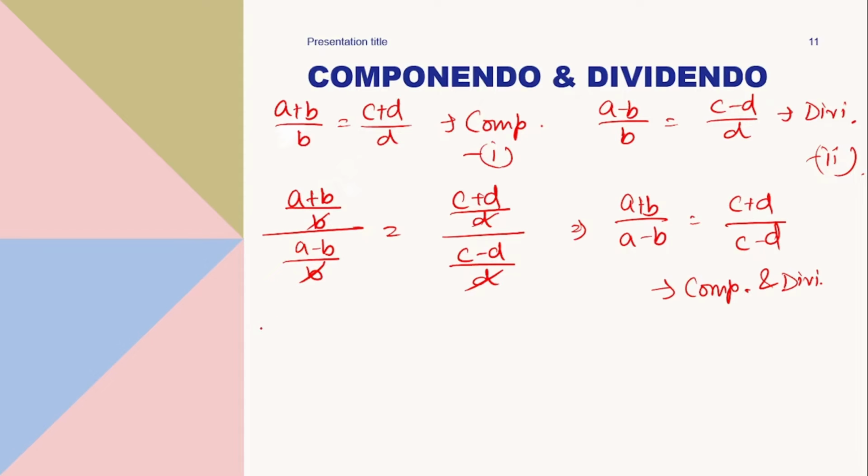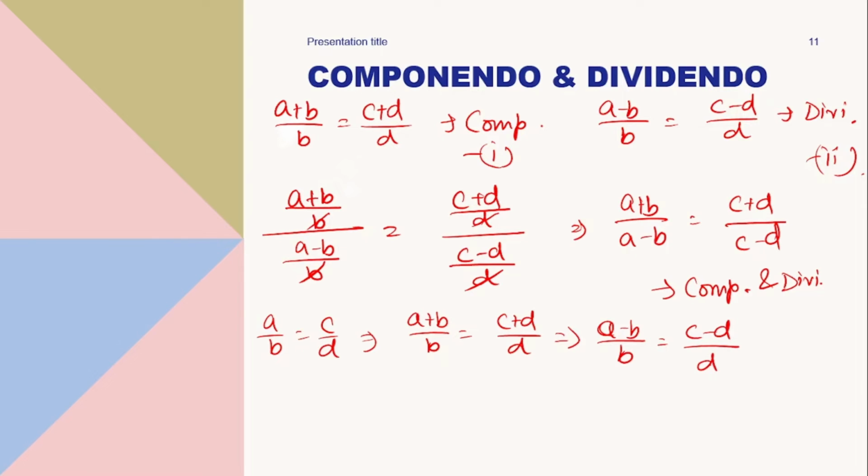So if in the question you get the a by b equals c by d structure, you can always write it as a plus b by b equals c plus d by d, or as a minus b by b equals c minus d by d, or also as a plus b by a minus b equals c plus d by c minus d.